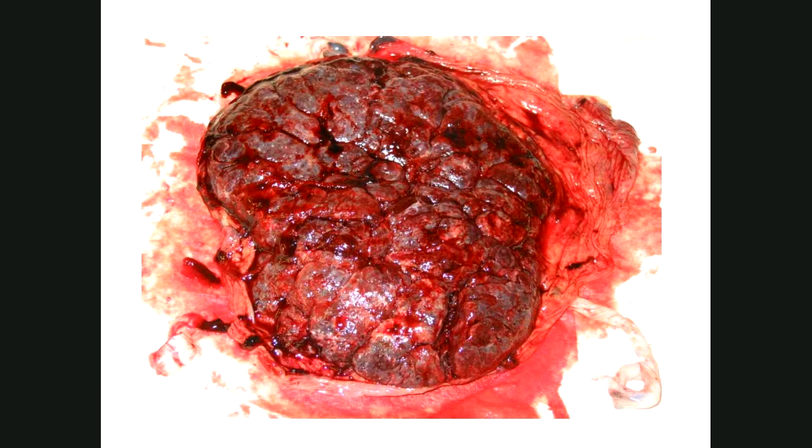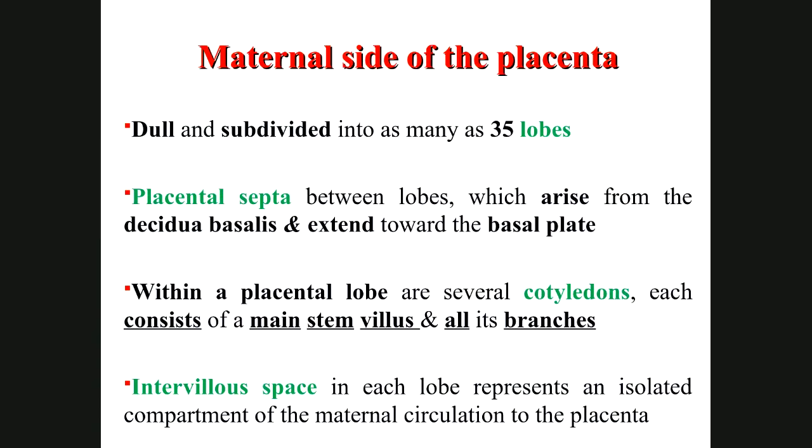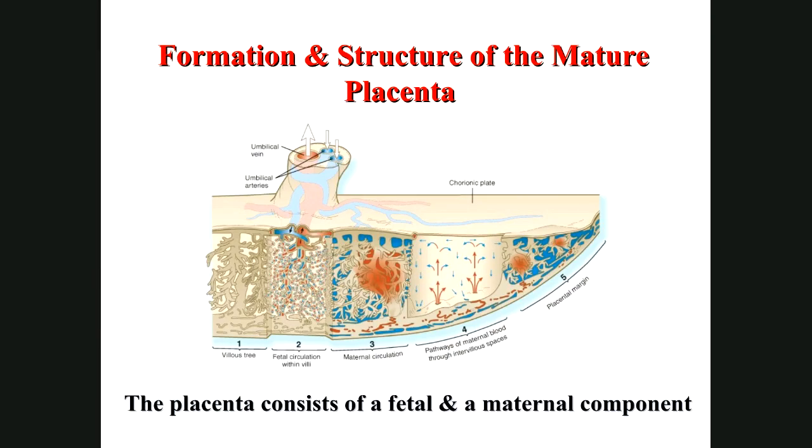So we will go further. On the maternal side, as you can see here, there are lobes. Placental septa lie between the lobes, which arise from the decidua basalis and extend towards the basal plate. Within a placental lobe are several cotyledons, each consisting of a main stem villus and all its branches. If we go back to our diagram here, it is very clearly shown.